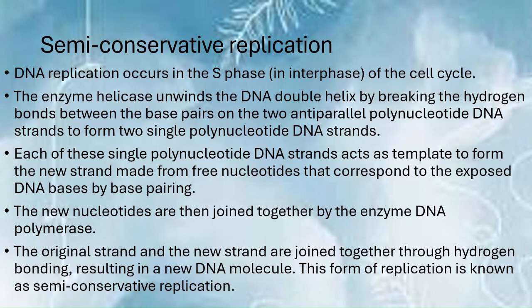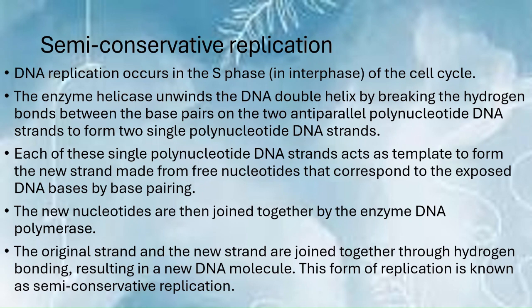So now we're looking at semi-conservative replication in more detail. DNA replication, as we know, occurs in the S phase of the interphase of the cell cycle. The enzyme helicase unwinds the DNA double helix by breaking the hydrogen bonds between the base pairs of the two antiparallel polynucleotide DNA strands to form two single polynucleotide DNA strands.